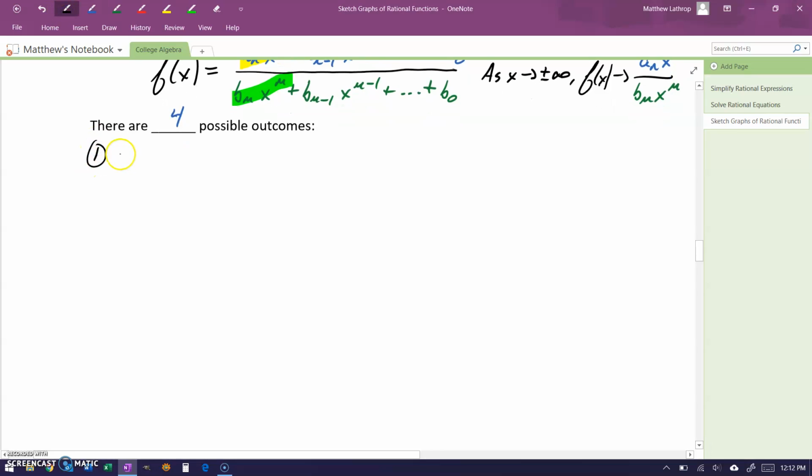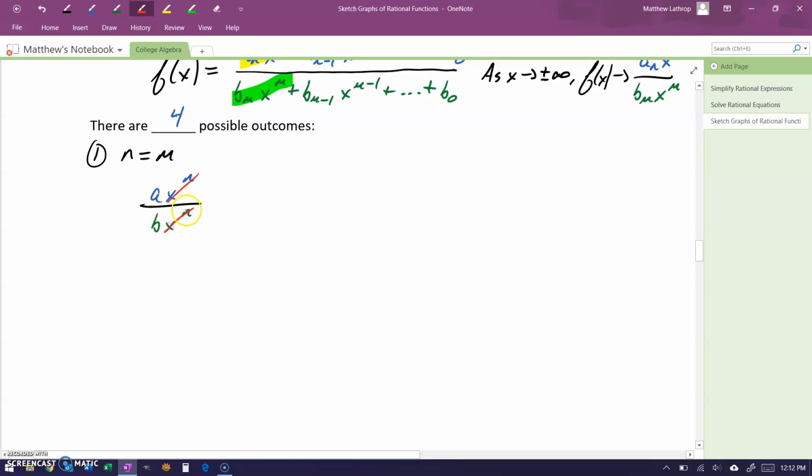First outcome or first case would be the case where n is equal to m, meaning the leading term in the numerator and denominator have x raised to the same power. So that means we would have a times x to the nth power over b times x to the nth power.